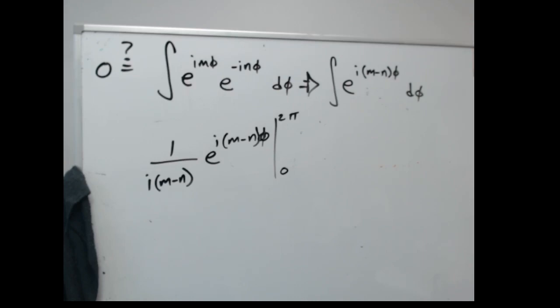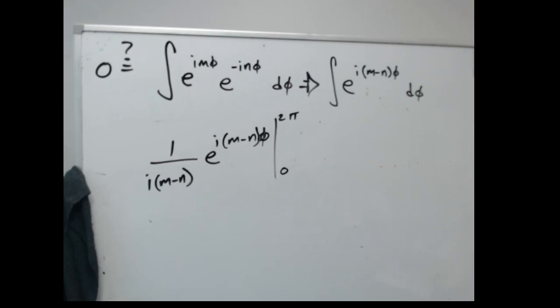Now, analysis of this. If phi equals 0, it doesn't matter what m and n are, right? Phi equals 0, you're going to get 1. And then e to the I m minus n 2 pi. This one's weird. Oh, e to the I m minus n times 2 pi.